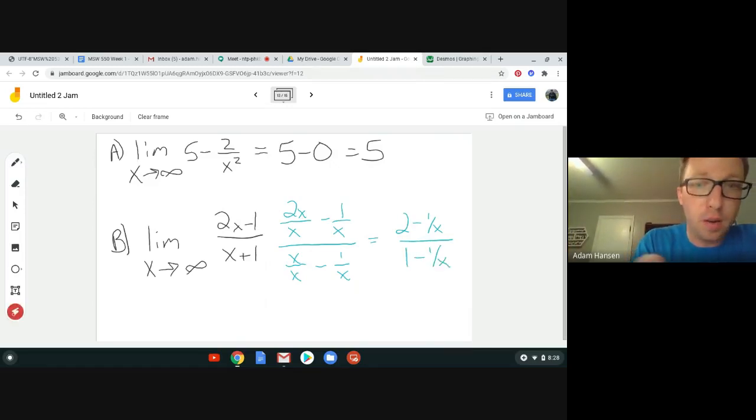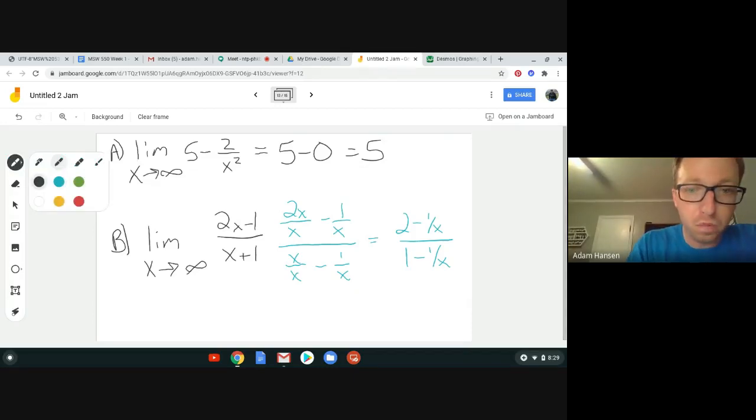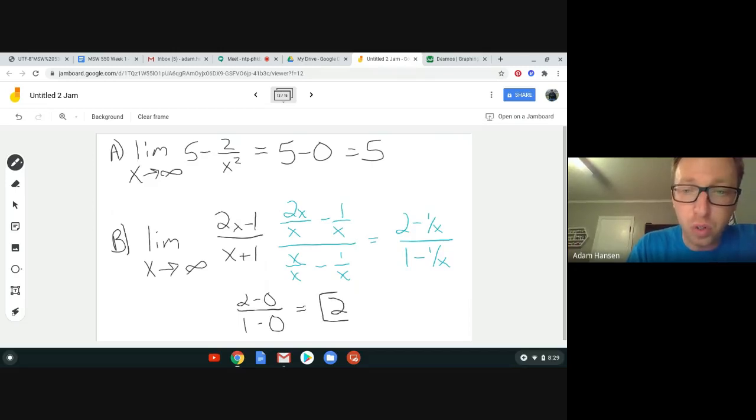And it looks a lot like what we had up in part A on both the top and bottom. Take the limit as x approaches infinity of each of these terms. 2 minus 1 over x, that will be 2 minus 0. Divided by 1 minus 1 over x, 1 minus 0. That's 2 divided by 1, or 2.